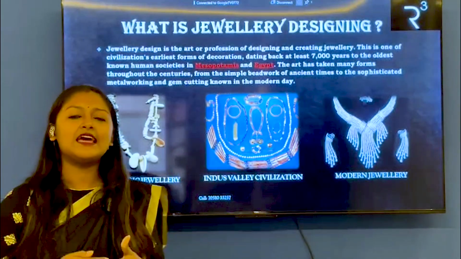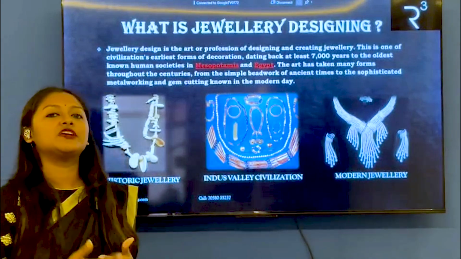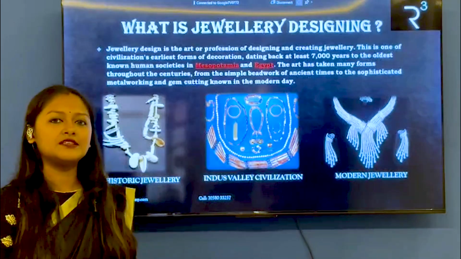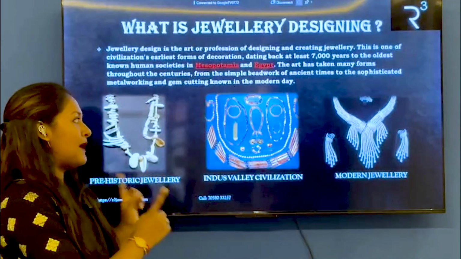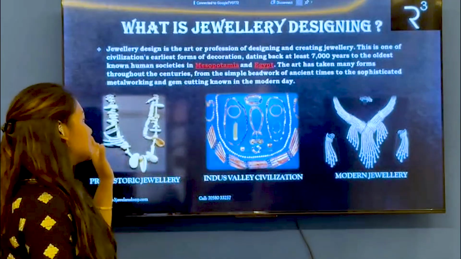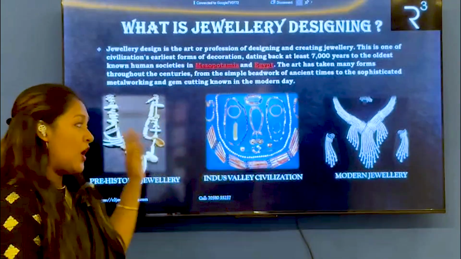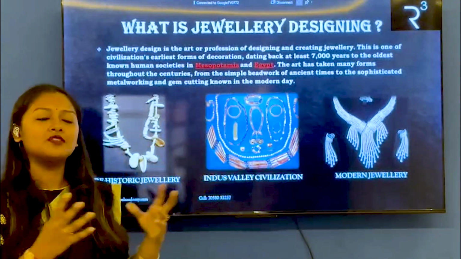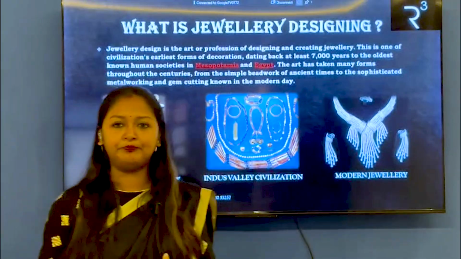So as ages and time change, people change their taste, and according to their taste the jewelry concepts change. But the necklace pattern is the same, from prehistoric to modern jewelry. Only the concepts and designs are changing; the patterns are the same.